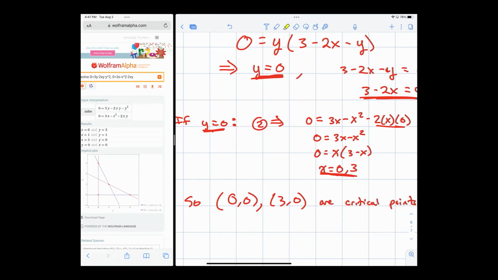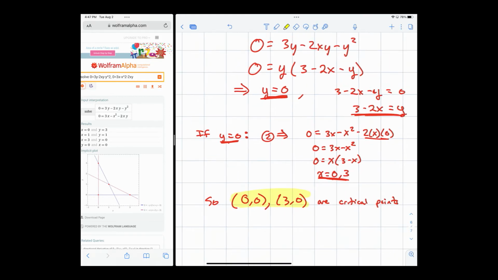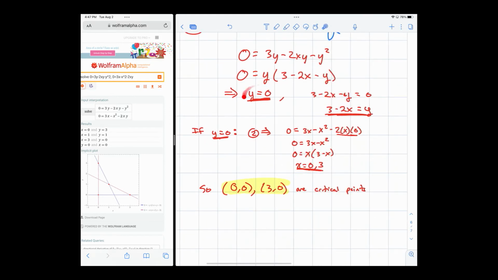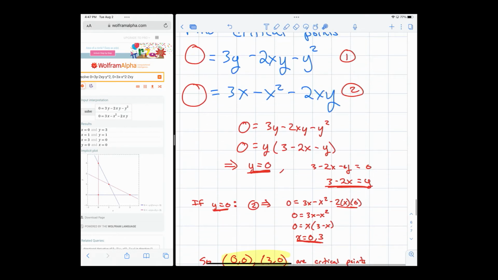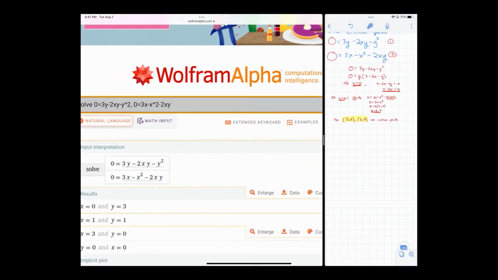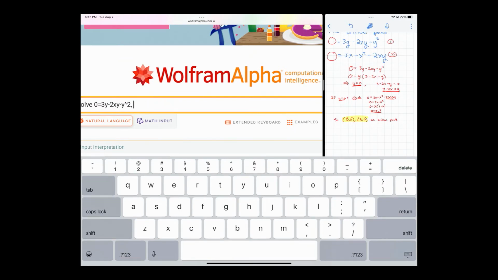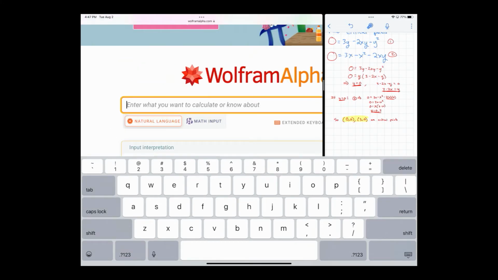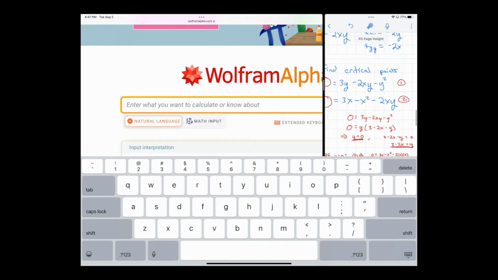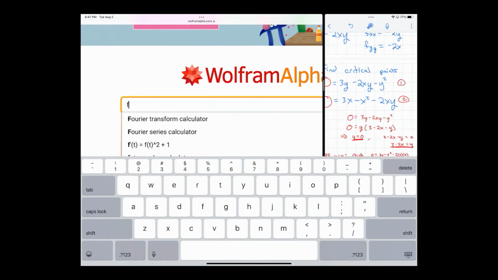But those aren't the only critical points because that only came from this. What about this? So if you have this, y equals 3 minus 2x, you can take that and plug that into here and get a completely different equation to solve. So you could say like f of x, y.